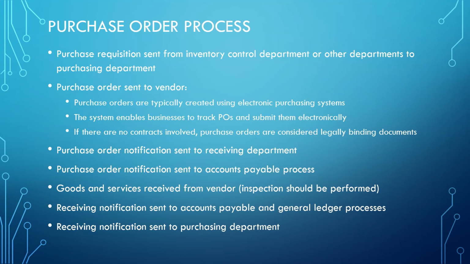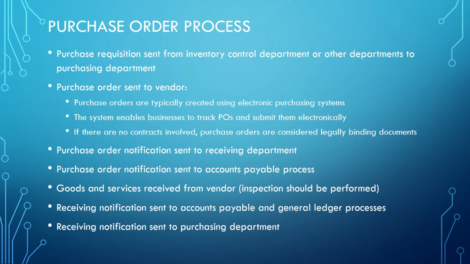It's all electronic. The system enables businesses to track POs and submit them electronically through the internet or through an intranet between the company and the vendor or the supplier. If there are no contracts involved, then the purchase order by itself is considered the legally binding document between both parties.